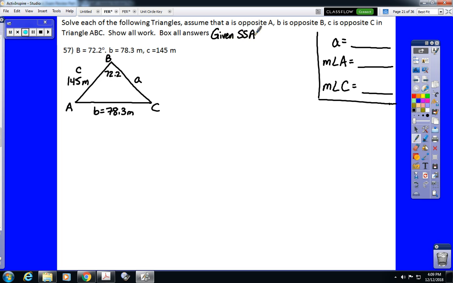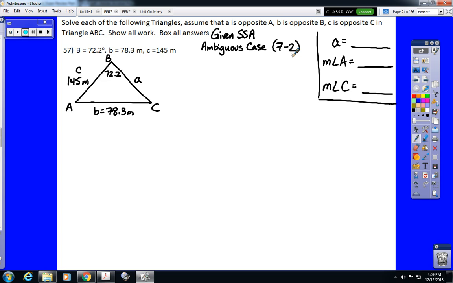Two sides and an angle that's not included. That is the ambiguous case. So specifically, you should be looking at section 7-2 in your notes.